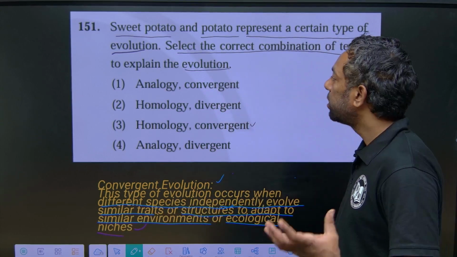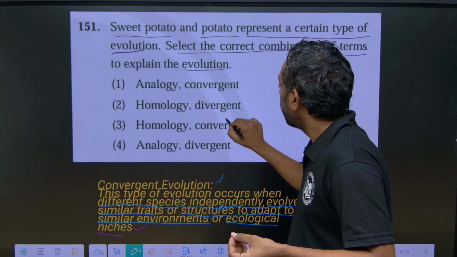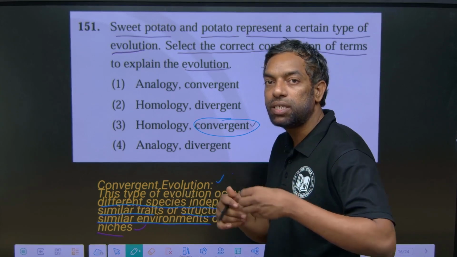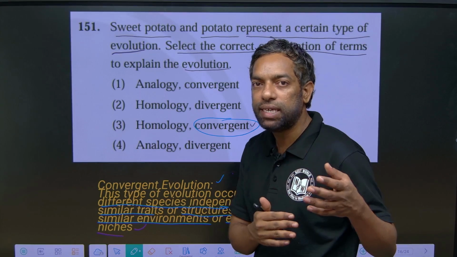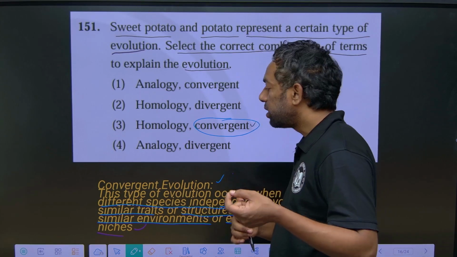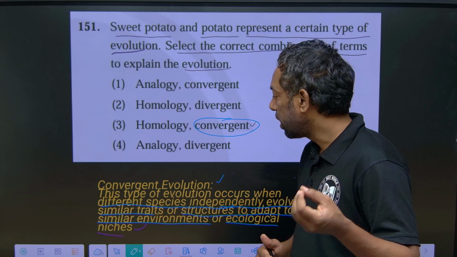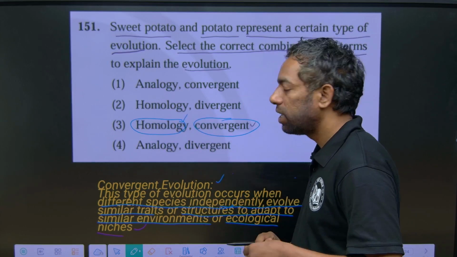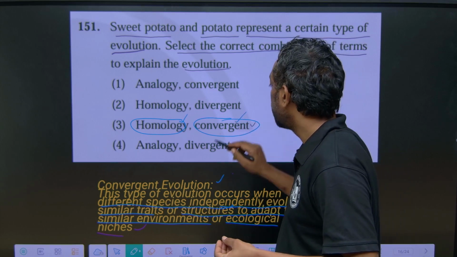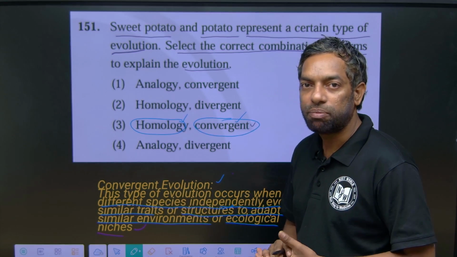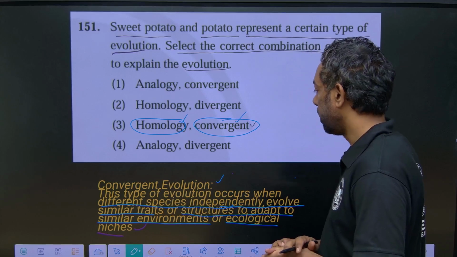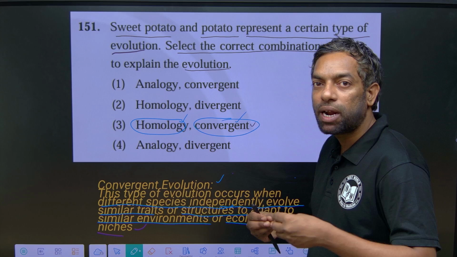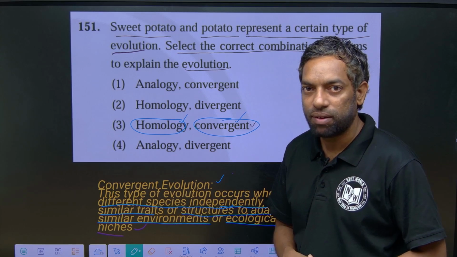Understand? Convergent evolution means different species. The species or family is different, but because of the environment they can adapt. Divergent means they expand into different environments from the same origin.